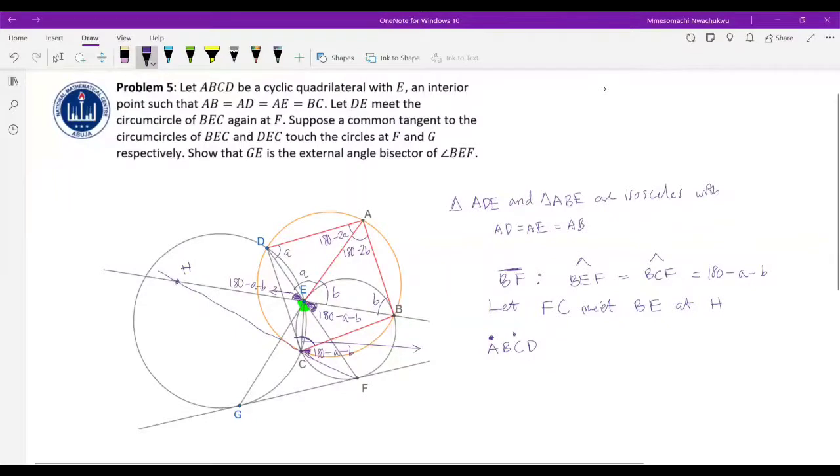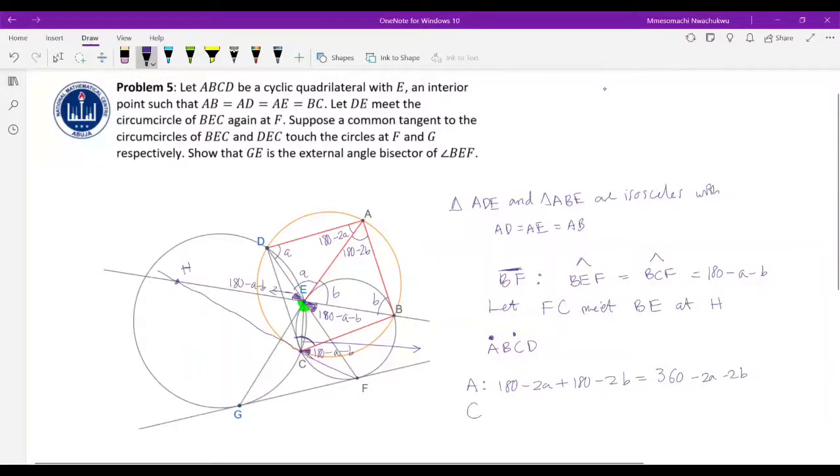The angle at A is 180 minus 2A, plus 180 minus 2B, which is equal to 360 minus 2A minus 2B.